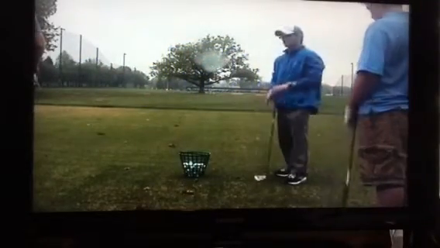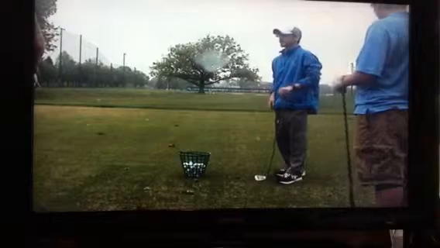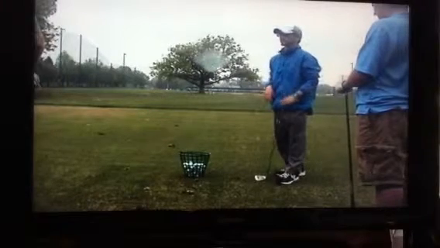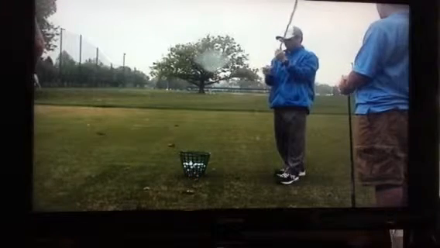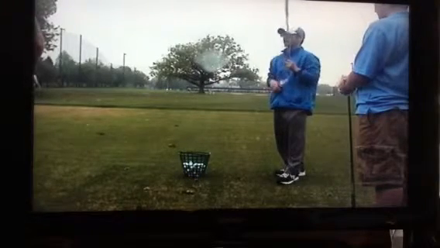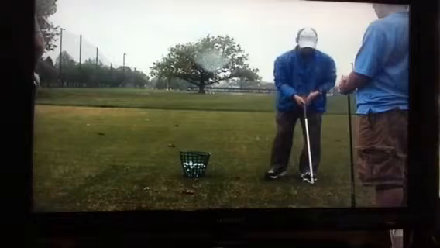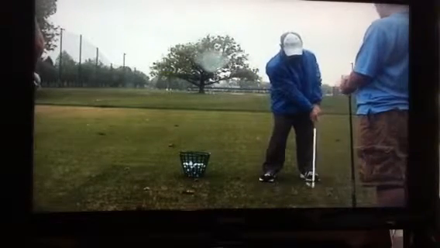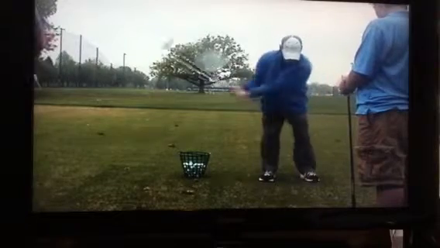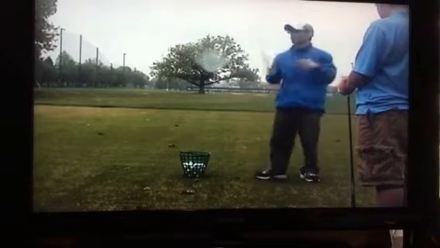Good. So the reason the golf ball flies the way it does comes down to two things: the club face, which we attack at, and the path which we take. So it's going to be our club face at impact and the path which we take.